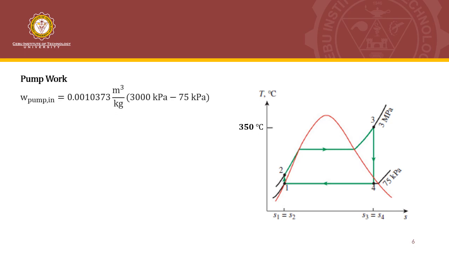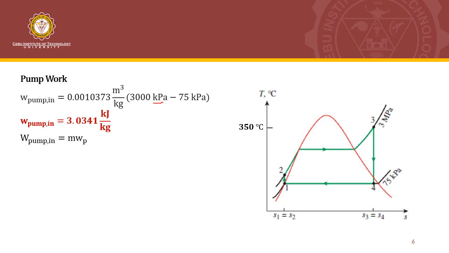By substituting the value of the specific volume v1, which we already have in the previous slides, and we are given the value of P2, which is 3 megapascal, we just have to convert it to kilopascal. So we have here 3000 kilopascal minus P1, which is 75 kilopascal. It's always P2 minus P1 when we compute the work input in the pump. So the work input in the pump is 3.0341 kilojoules per kilogram.